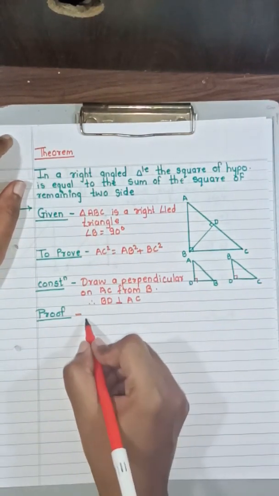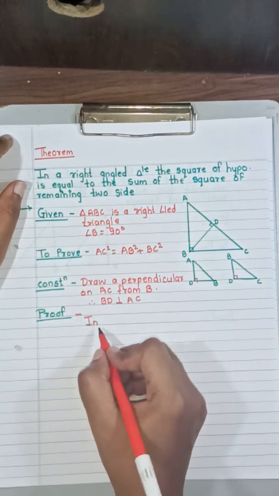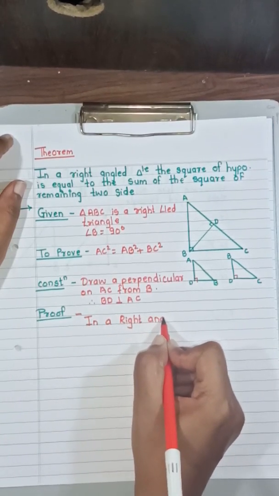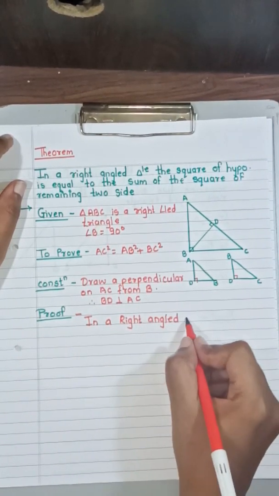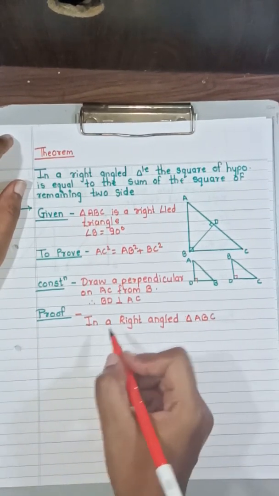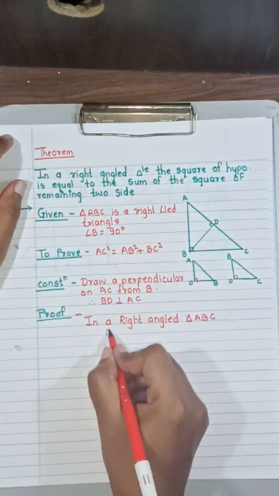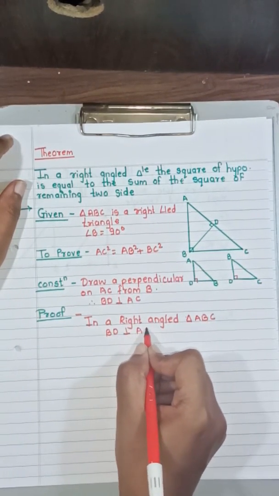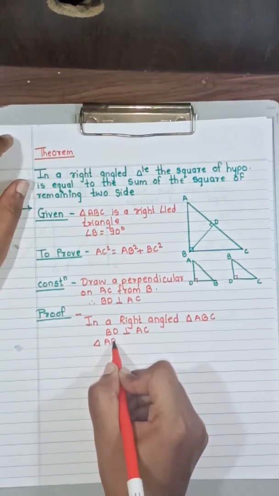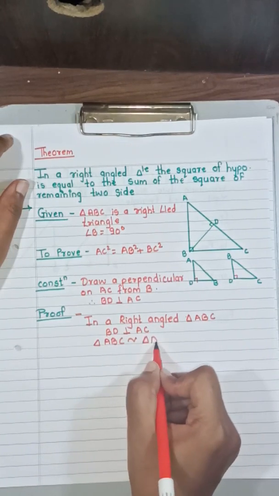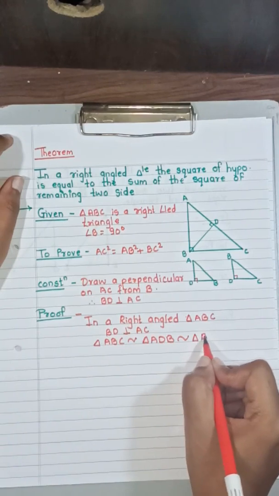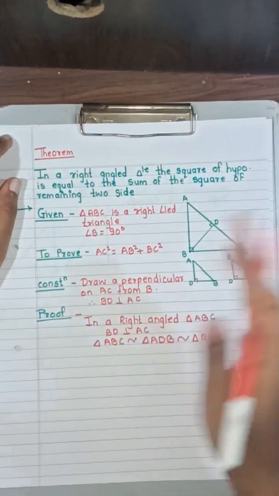Now in a right angle triangle ABC, what is given? BD is perpendicular to AC. Therefore, triangle ABC is similar to triangle ADB, and is also similar to triangle BDC, as we have proved in the earlier theorem.